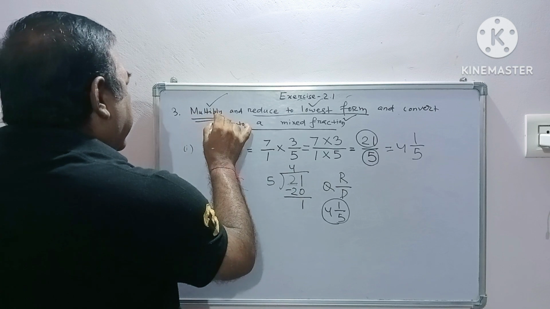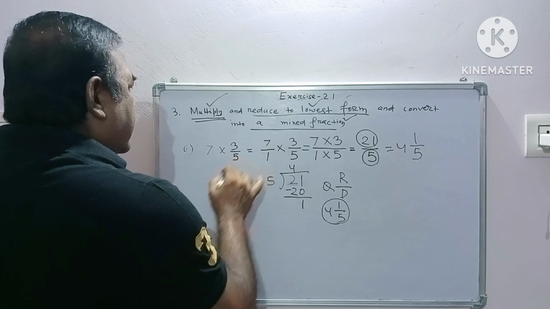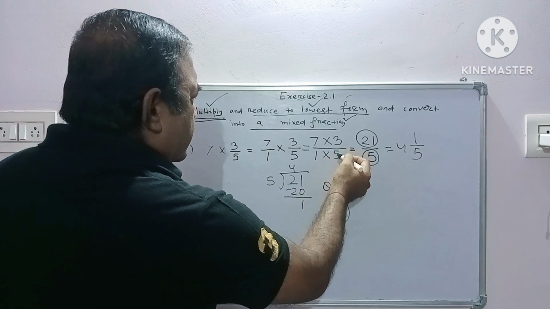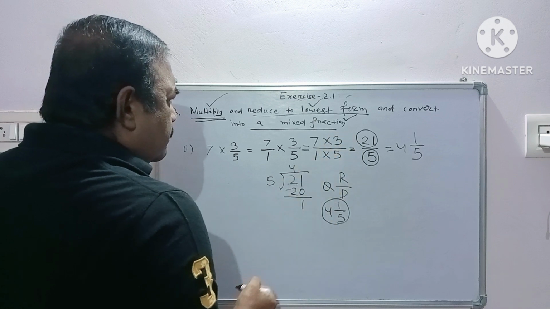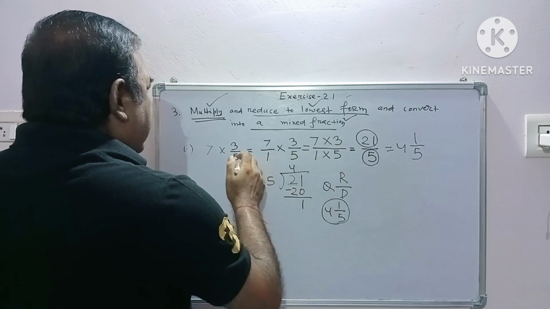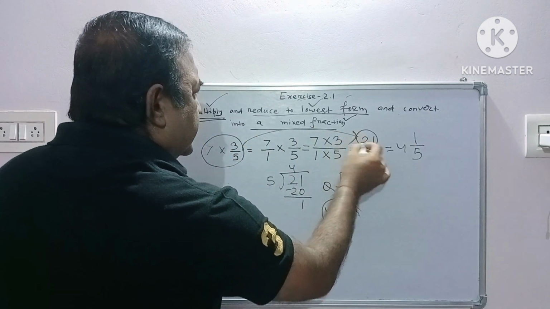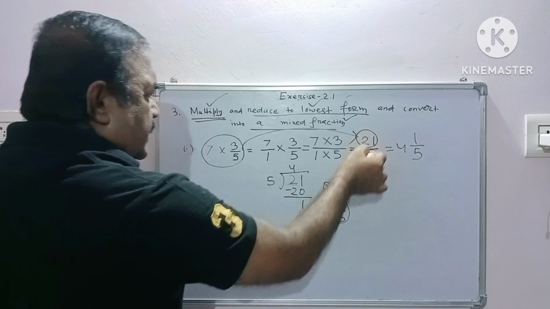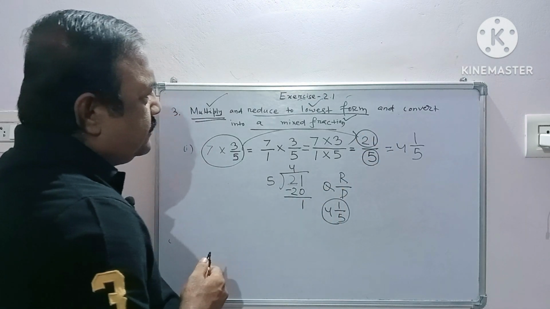Okay, so first part we did. Now we have to multiply. So it will be better you do not use the common divisor to make it simpler here. You first multiply, then you get the result, then you see whether there is common factor other than 1 or not.